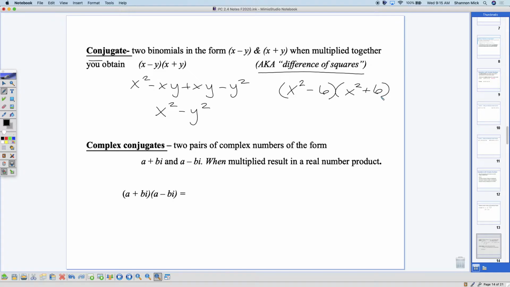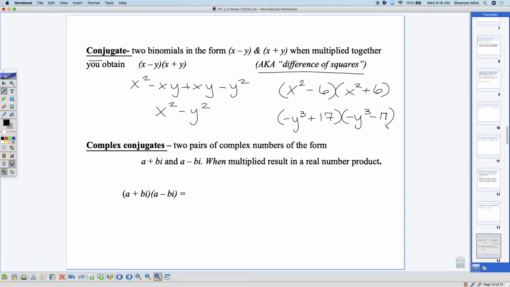What about negative y cubed plus 17? Negative y cubed minus 17. What is the only sign that changed? The middle. The first sign does not change. Because when I FOIL, those middle two terms will zero out. So those are conjugates.